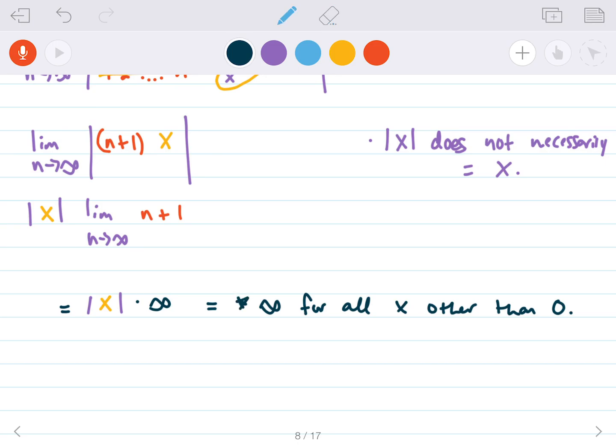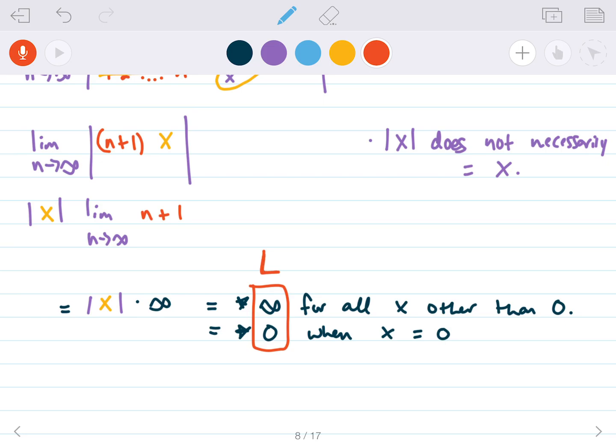All right? And it equals 0 when x equals 0. So we kind of have two cases here, right? So basically, these are going to be our L's, our limits for the ratio test.